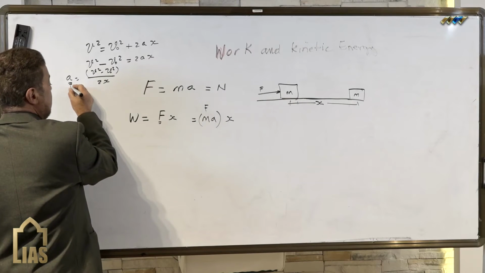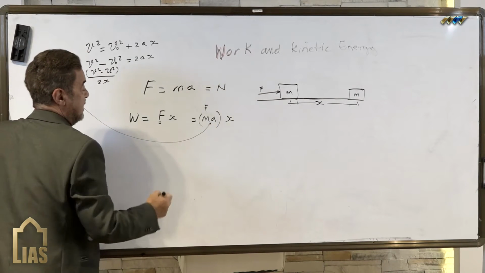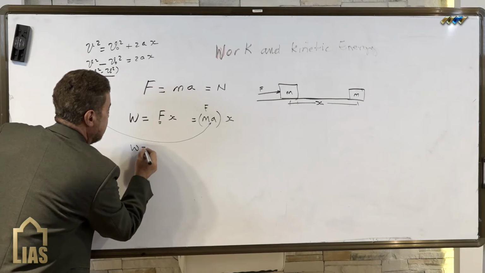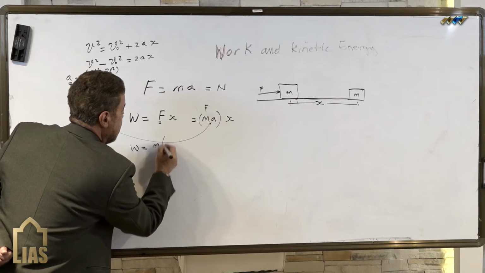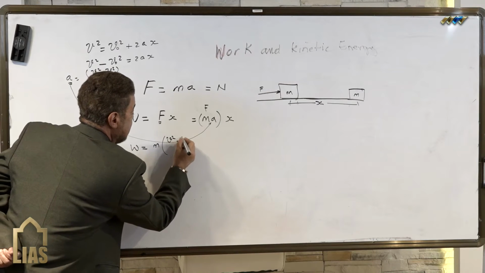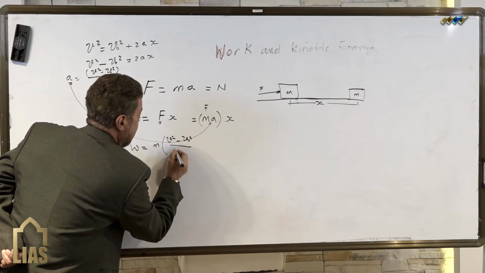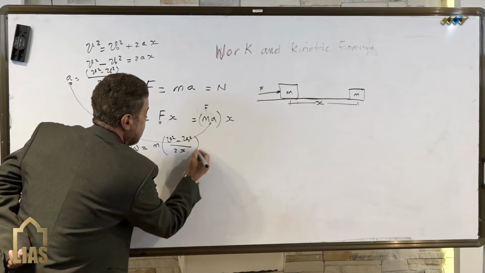We take the a here, then the work is m times v squared minus v0 squared over 2x, times x.